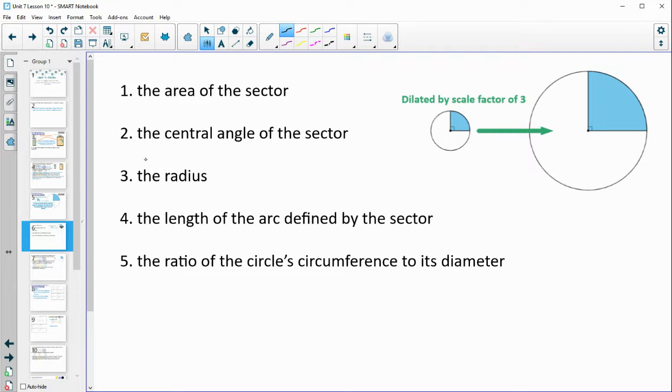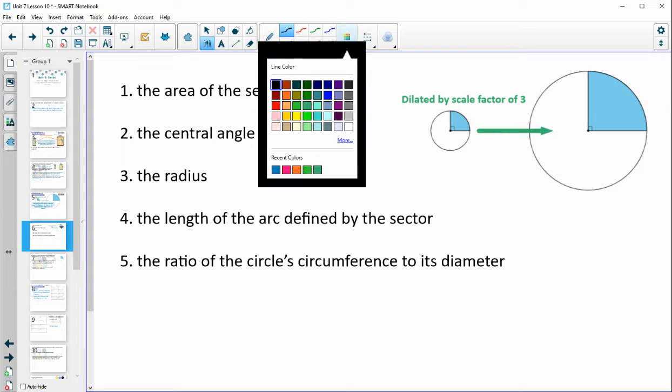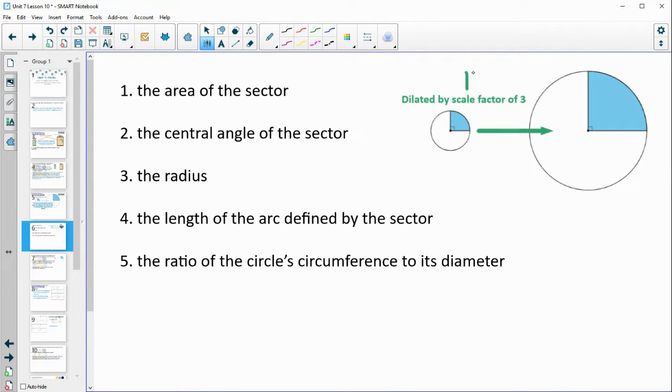All right, so here are the 5 things that we were looking at in comparing these two dilated circles. If we remember back to when we were talking about dilation, we often called the scale factor the K value. When we were comparing areas with scale factor, remember that the area factor was actually K squared.